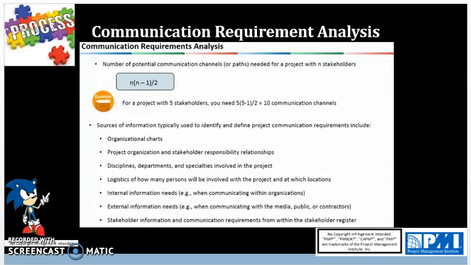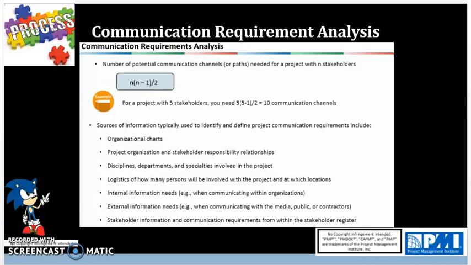So 5 times 5 minus 1 is 4. 5 times 4 is 20, divided by 2 is 10. So that's why you have 10 communication channels. So keep in mind, let's say n is 6 stakeholders including yourself, then you just plug in 6 here and it would be 15 channels and so on.